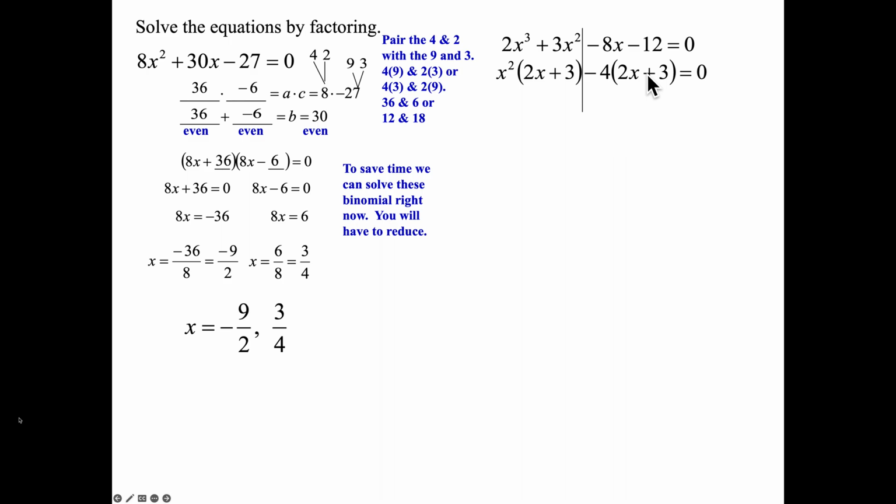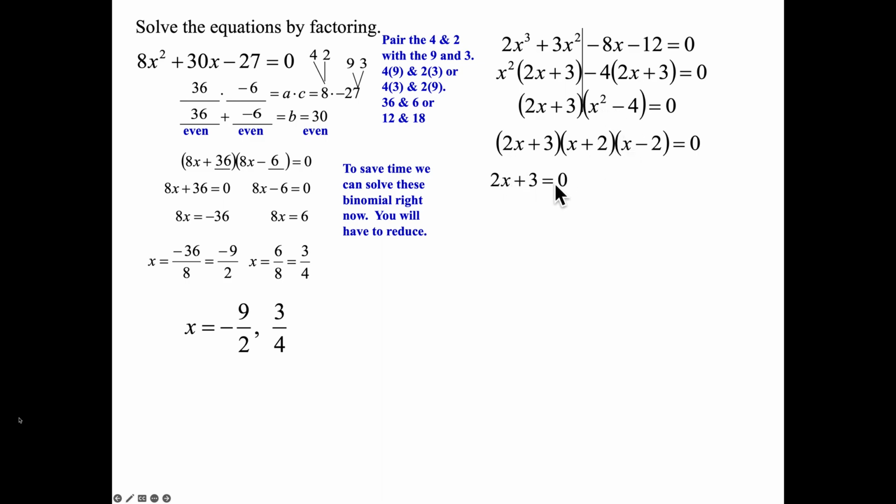To make that GCF work, negative 12 divided by 3 is negative 4. Negative 8 divided by 2 on our x's is negative 4. There's my GCF. The 2x plus 3's, they come out together as the first one. X squared and the minus 4 becomes, wait a minute, that's my second binomial. That's a difference of perfect squares, so it factors one more time.